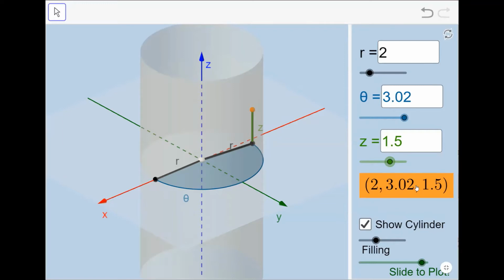And if we set the value of z equal to 0, then it lies in this plane, or it lies in the xy plane.